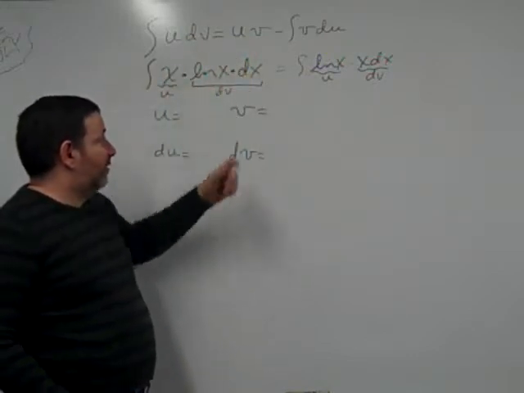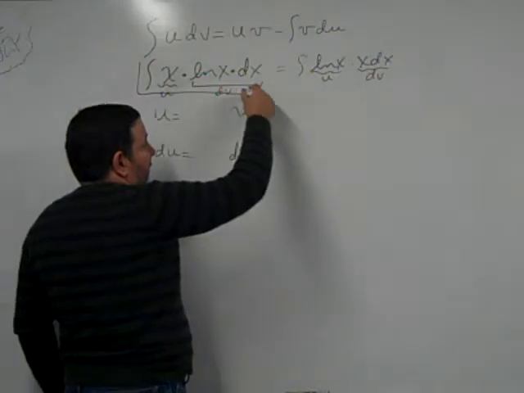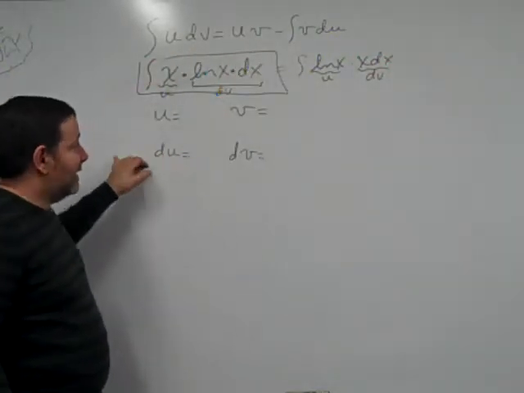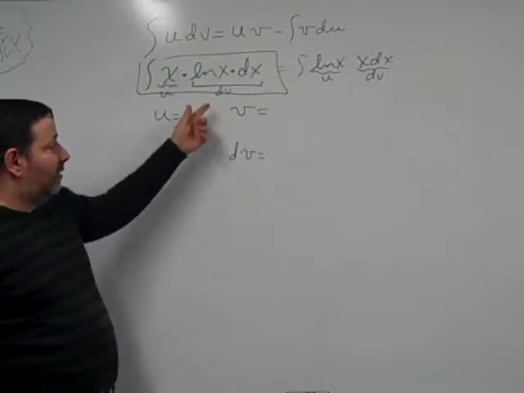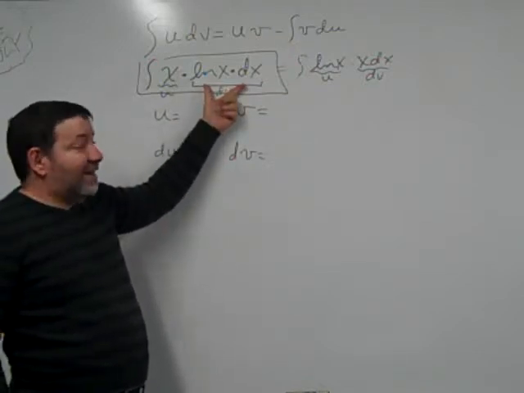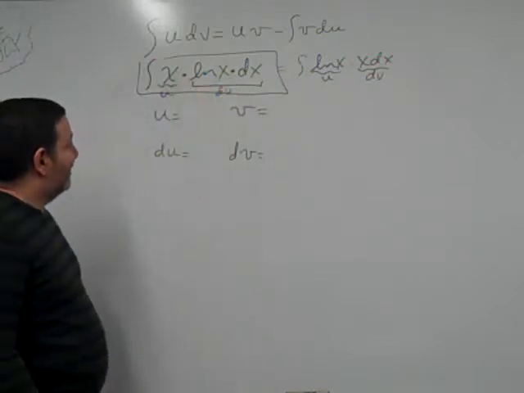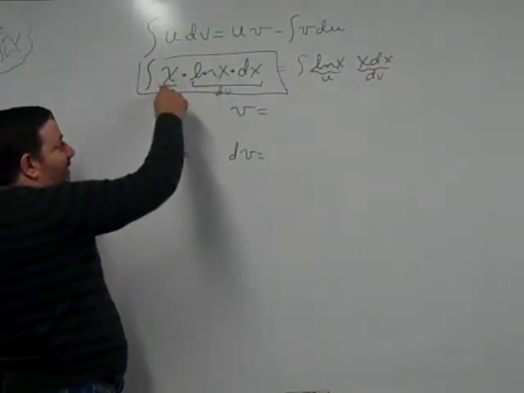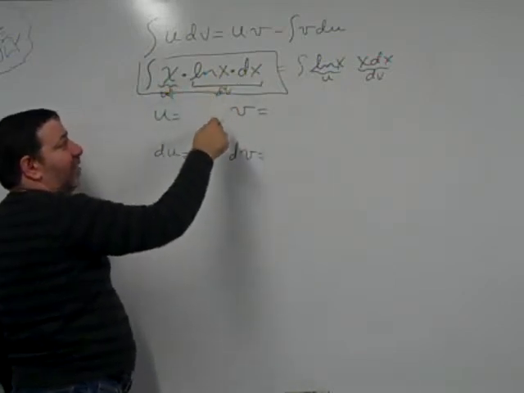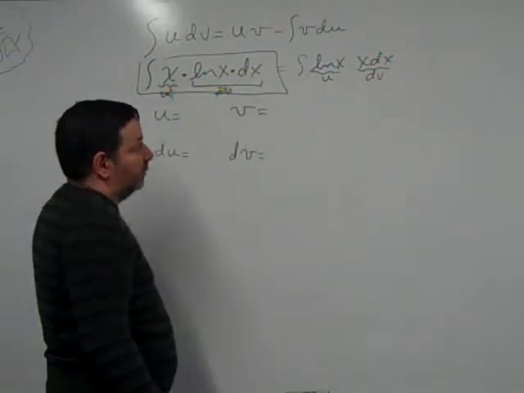Remember, this integral is going to equal u times v. I need to know what v is. In fact, the way you find the integral of ln of x dx is by parts. So this method did not work. That is, calling u x and dv ln of x dx didn't work.